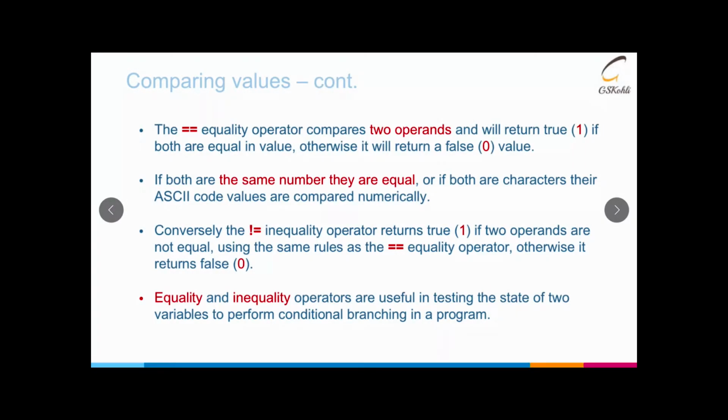The equality sign, which is represented with the 2 equal operators, compares 2 operands. So it compares 2 aspects of variables, if you want to see it like that. If both of them are equal, it returns 1 as an answer. If these 2 are not equal, it will give you a false, which is represented with a 0.